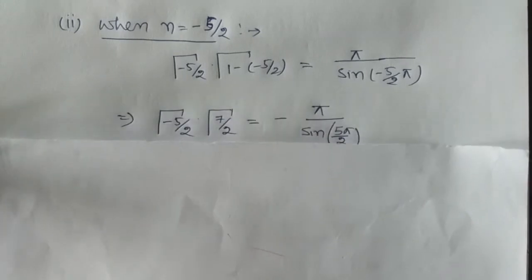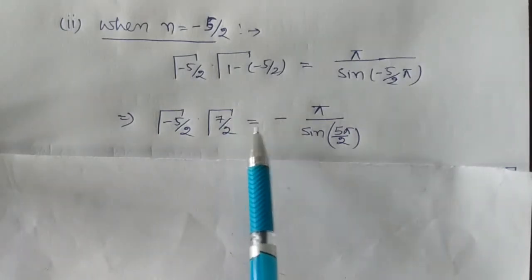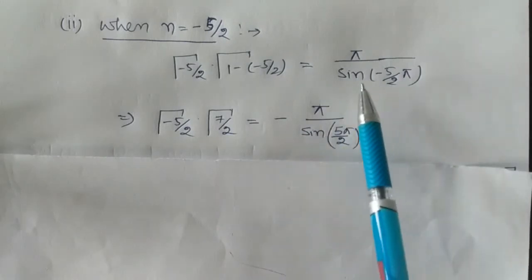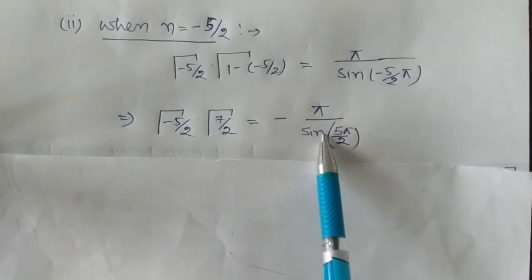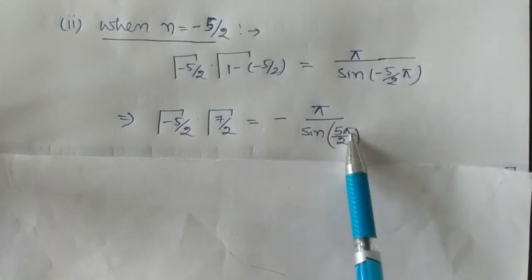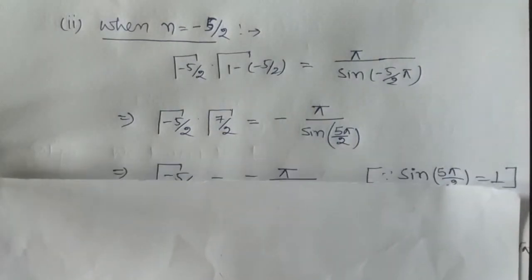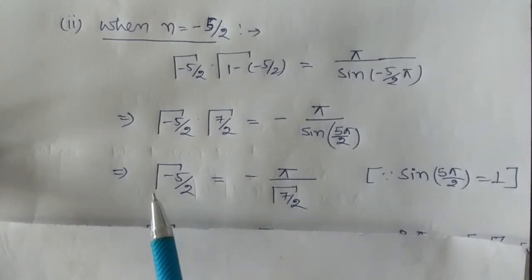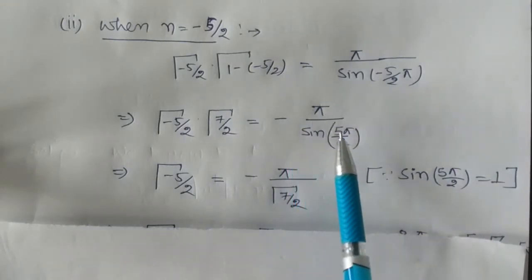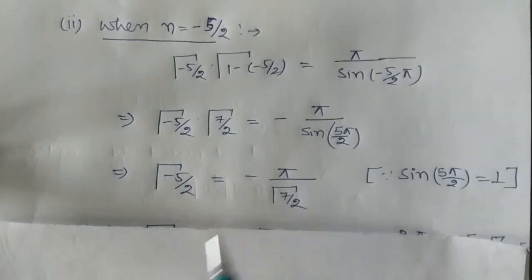Therefore we have gamma minus 5 by 2 into gamma 7 by 2 equal to minus pi upon sine 5 pi by 2, as sine of minus theta is minus sine theta. Now sine 5 pi by 2 is 1, and we transfer gamma 7 by 2 to the right hand side. Then we have gamma minus 5 by 2 equal to minus pi, sine 5 pi by 2 is 1, upon gamma 7 by 2.